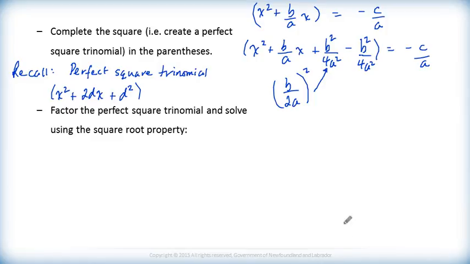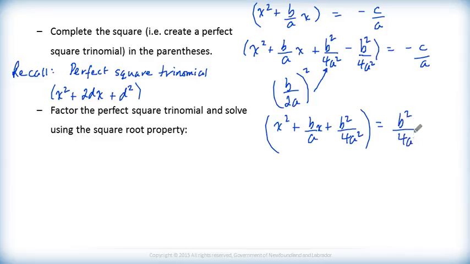Now that I've done that, before I can do the next step, I really have to write this as x squared plus b over a x plus b squared over 4a squared equals, I'll move this negative b squared over 4a squared over to the right hand side, and I've got b squared over 4a squared minus c over a.